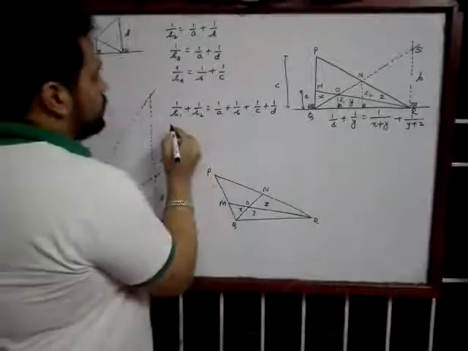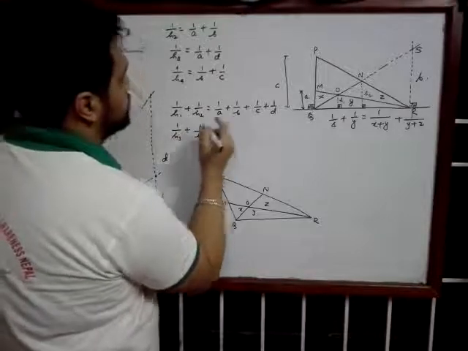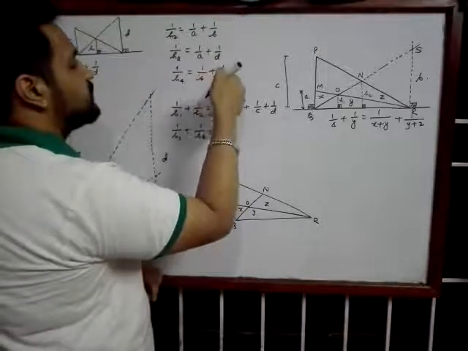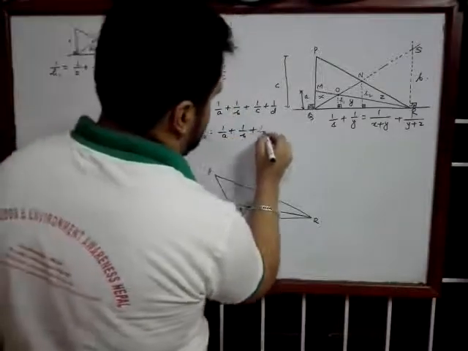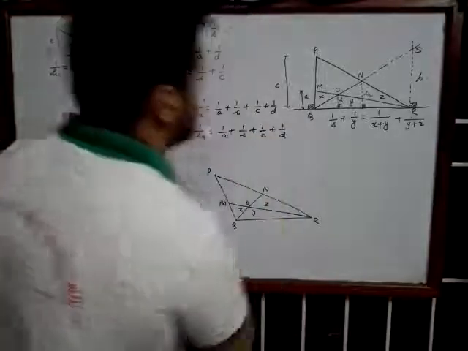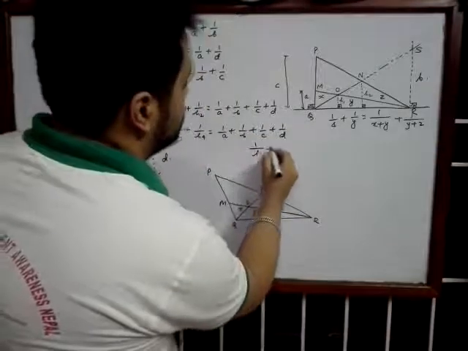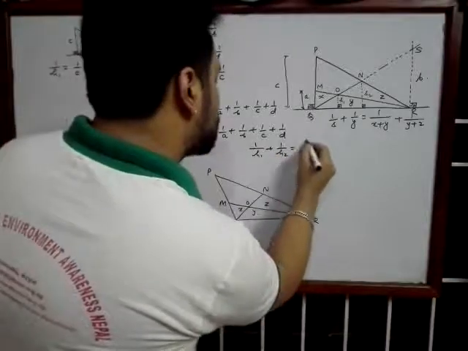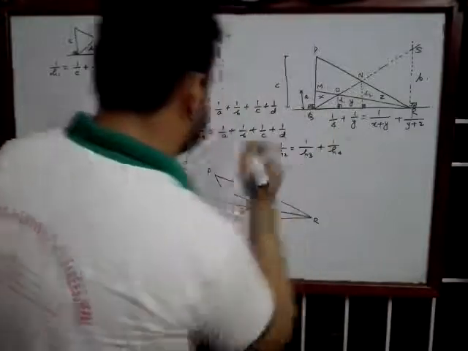So similarly, 1 by H3 plus 1 by H4 is equal to 1 by A plus 1 by B plus 1 by C plus 1 by D. So what we get is 1 by H1 plus 1 by H2 is equal to 1 by H3 plus 1 by H4.